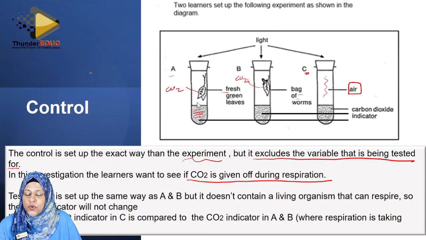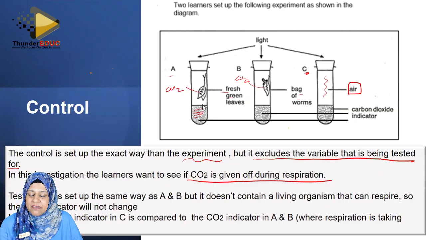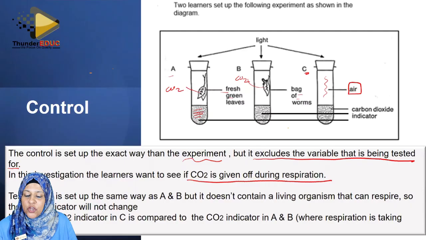So can you see we can compare? We can say that the fresh green leaf underwent respiration and carbon dioxide was the gas that was given off. Because carbon dioxide turned the clear lime water, it made it milky. The bag of worms underwent respiration and gave off CO2, and the CO2 turned the clear lime water milky.